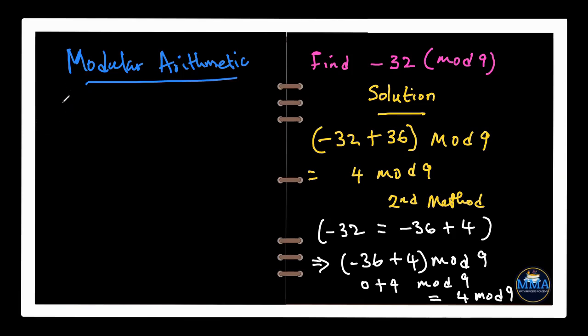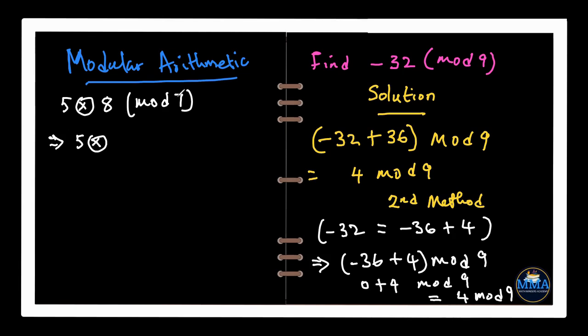What if we are asked to evaluate 5 times 8 in mod 7? Remember that this 5 times 8 is 40, but there's also another way. This can give me 5.